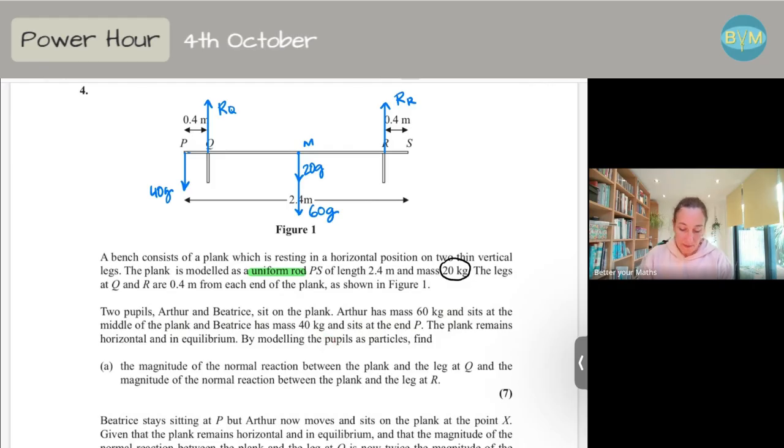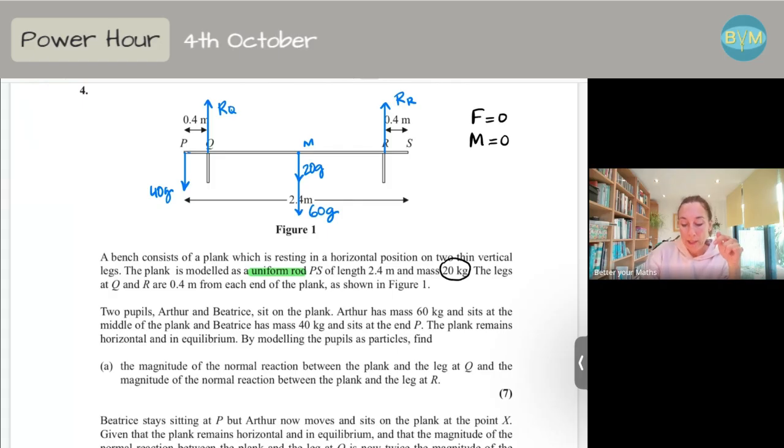it's in equilibrium, modeling pupils as particles. Find the magnitude of the normal reaction between the plank and the leg at Q and the magnitude of the normal reaction between the plank and the leg at R. So they're asking me about this force here and this force here. Moments questions are all going to be in equilibrium. All of them. Which means the resultant force is going to be 0 and the moment about any point is going to be 0, the resultant moment.